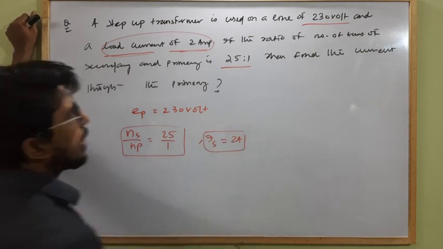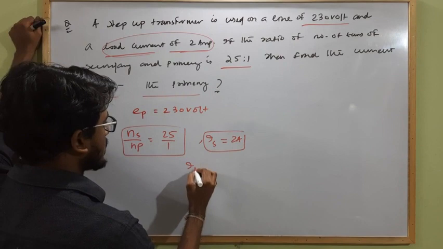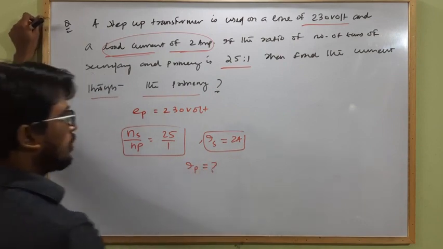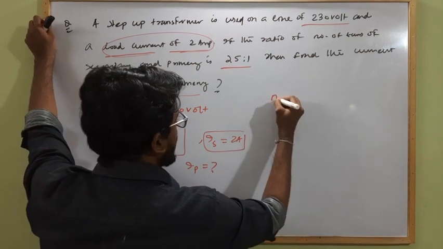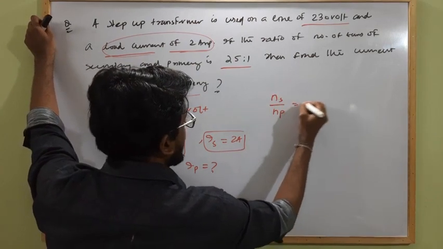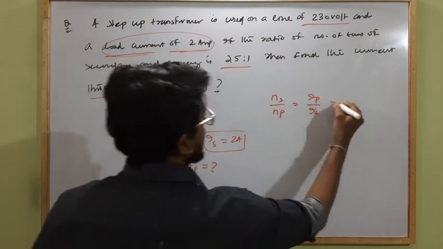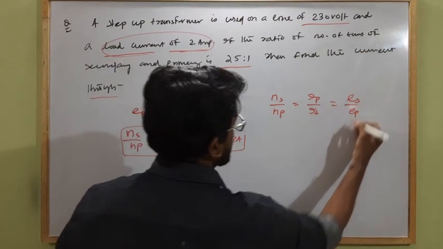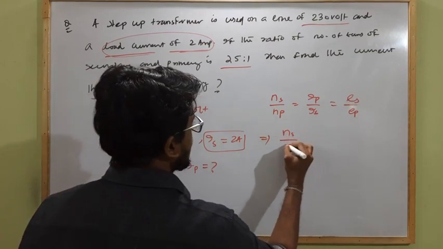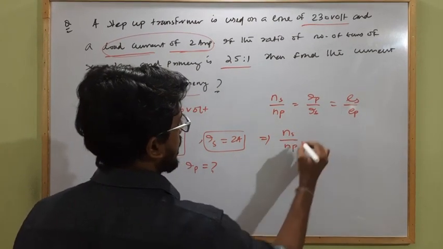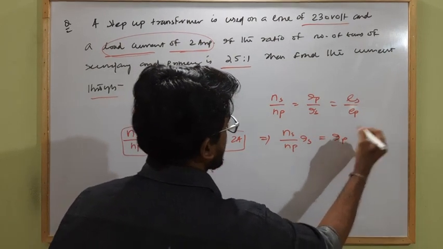So now we have to find out the current through the primary, that is the question asking us to calculate the value of Ip. As you already know from the relation Ns by Np equal to Ip by Is, which can be written also as Es by Ep. So from this we can write Ns by Np into Is equal to Ip.